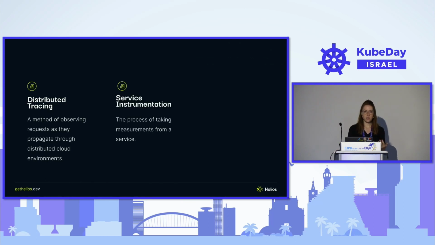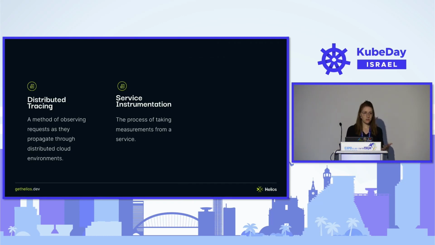And service instrumentation is the act of measuring a service and actions within a service. So when you instrument a service, an object is created with a unique identifier for each action. And this object contains information about the action, like when it happened, how long it took, and any other additional properties that you can decide on.